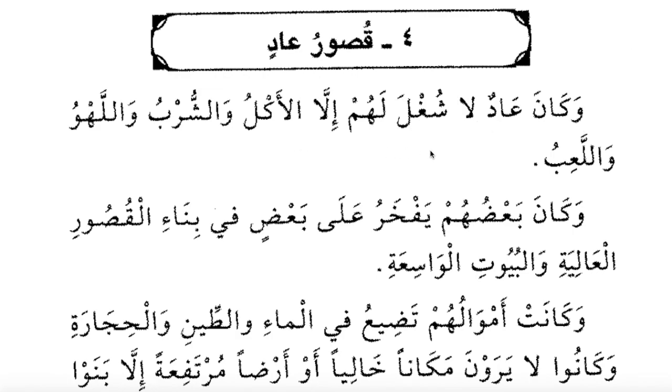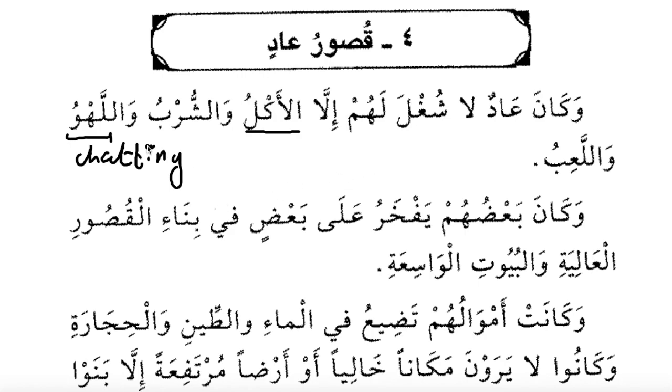So Aad wouldn't do anything except al-aklu, eating. The verb akala means to eat. Wa shurbu. Shurb is drinking. Wa lahu. Lahu is like vain speech, meaningless talk, just chatting. It's like when people go to the coffee shop and sit and chat about nonsense, things that just don't really matter.